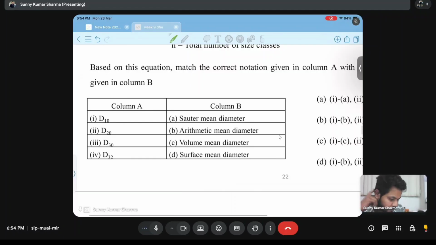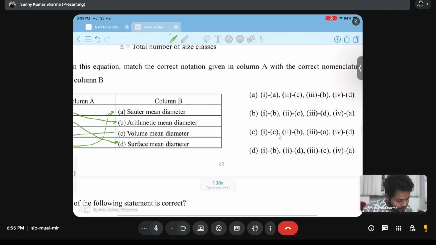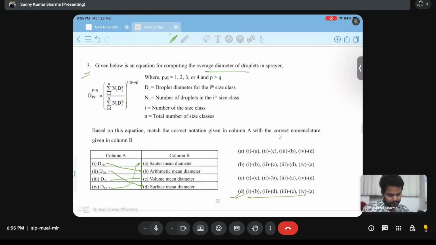D10 is called arithmetic mean. D20 is surface mean. D30 is volume mean. D32 is Sauter. So BDCA is there. Option D is the correct answer.